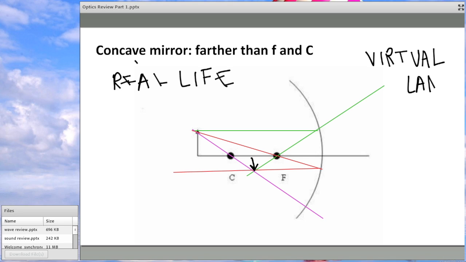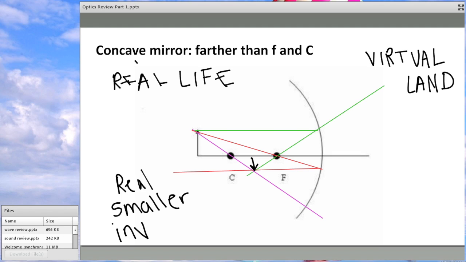And if your image is in virtual land, it's a virtual image for these mirrors. For the lenses, it doesn't necessarily work out that way. And so this is going to be a real image. It is going to be smaller than the object. You can see that it's much shorter. And it's going to be inverted. So if you were doing the math, it would have a negative height.